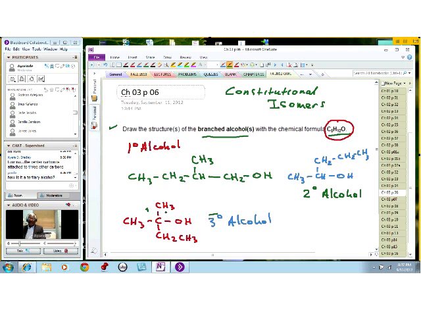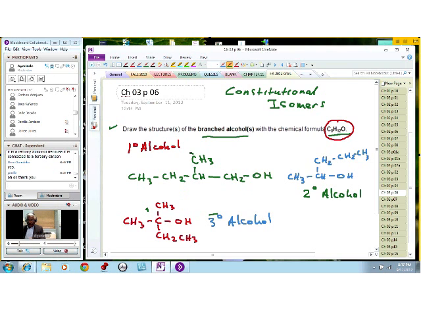Okay, constitutional isomers are different molecules, okay? If you look at each one of these here, these are different compounds, because if I ask you to give the names, they are going to be different compounds. So constitutional isomers are different compounds that have the same molecular formula, but the difference between them is the way the atoms are arranged or attached to each other.